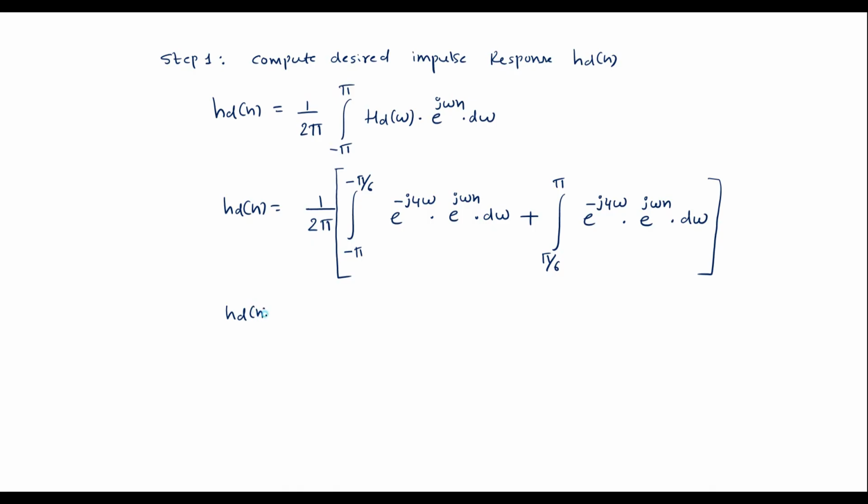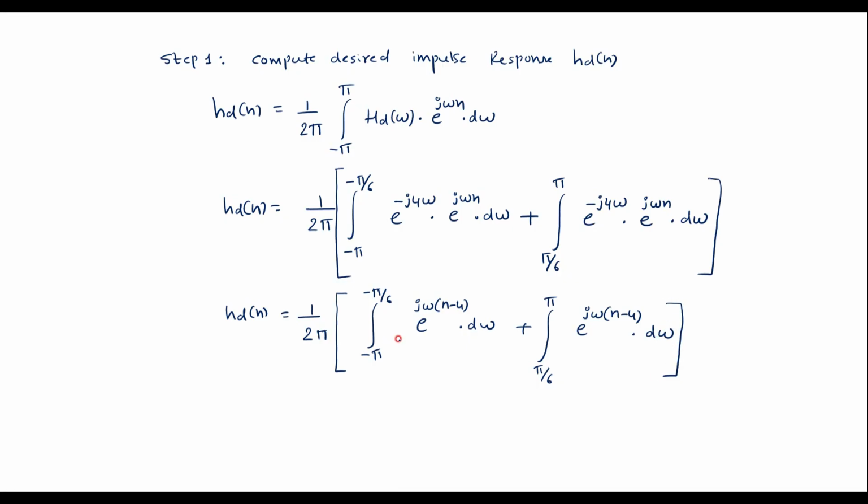That is HD of n is equal to 1 over 2 pi, so I can write it as integration from minus pi to minus pi by 6 of e power j omega times n minus 4 d omega, plus integration from pi by 6 to pi of e power j omega times n minus 4 d omega.